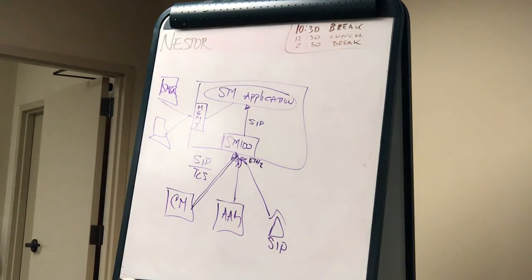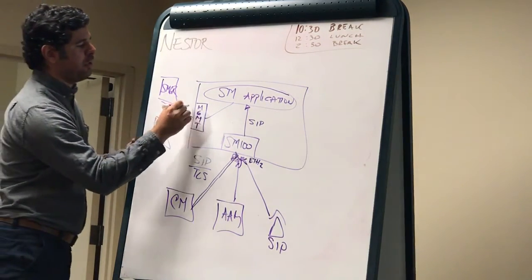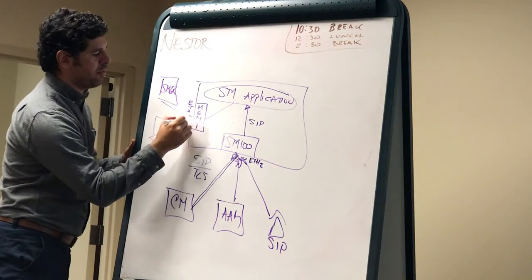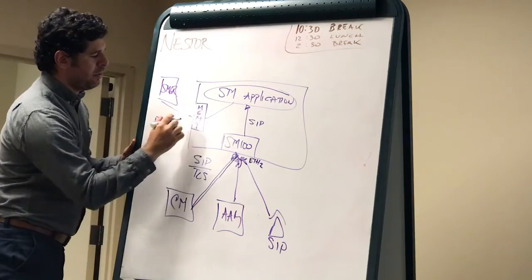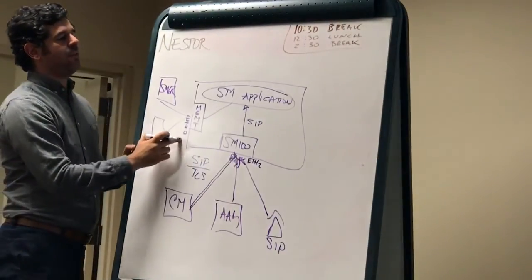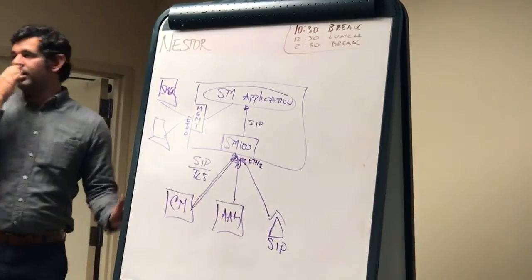So the management interface is normally associated with Ethernet 0. Let's put it here, ETH 0. So management is Ethernet 0, SM100 is Ethernet 2.